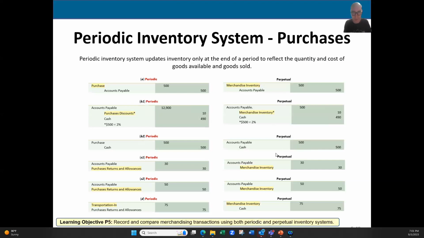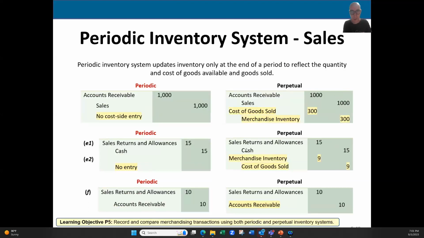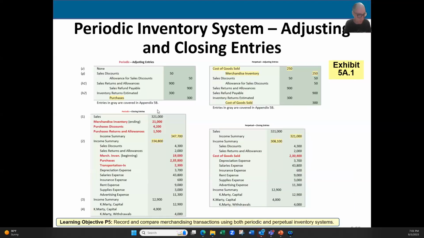We're not going to jump too deep into that, but I wanted to help you understand the differences between the two systems. Just a closer look at the perpetual versus the periodic inventory systems, and how it would look in the closing entries. Not terribly important, but it's important enough that you understand the difference between perpetual and periodic.